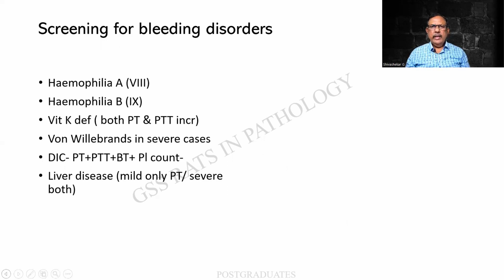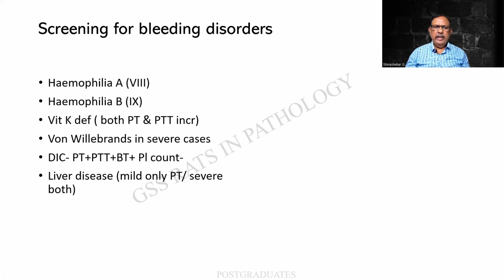This is also done as a screening for bleeding disorders. For example, hemophilia A, 8, hemophilia B, vitamin K deficiency, wherein both prothrombin and partial thromboplastin time are increased. Von Willebrand's disease in severe cases, not in mild cases.